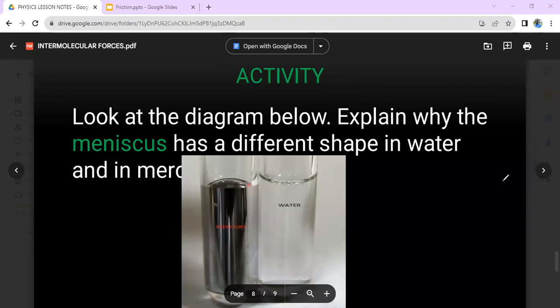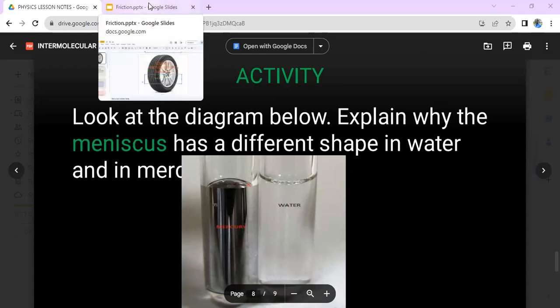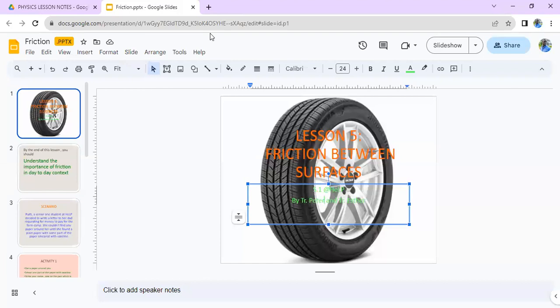So we have talked about the intermolecular forces, cohesion and adhesion. After looking at those, we are going to look at something else, but also as part of forces. And that one is going to be friction of surfaces.